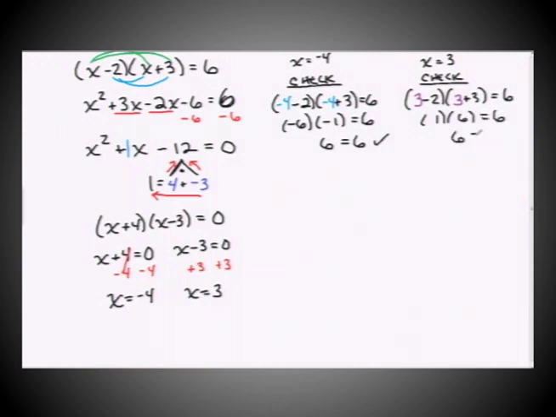And sure enough, I get 6 equals 6, which is our true statement that we're looking for. To confirm that we have two solutions to this quadratic equation, negative 4 and 3. I'd also like to remind you that those can be written as a set, {-4, 3}. And we have the quadratic equation solved.